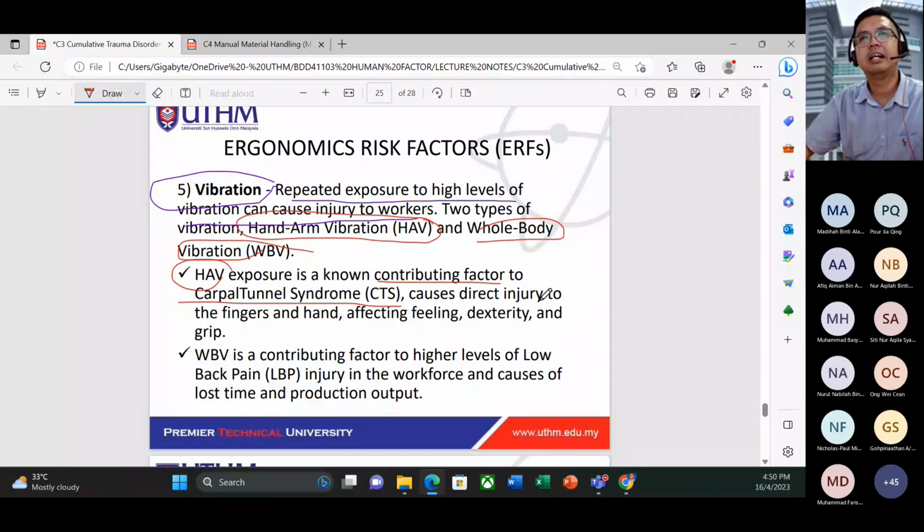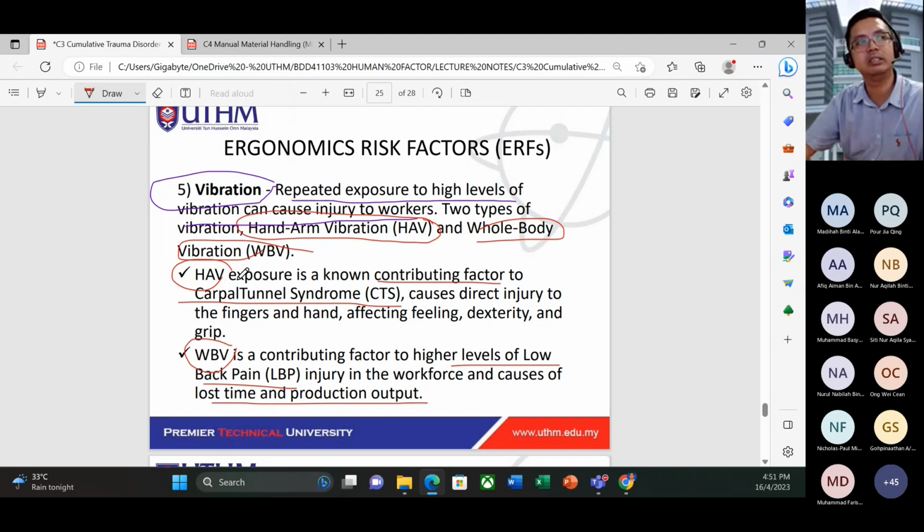It causes direct injury to the fingers and hand, and also affects feeling, dexterity, and gripping. Meanwhile, whole body vibration is a contributing factor to a higher level of lower back pain in the workforce, and causes lost time and reduced production output. So this is HAV, hand arm vibration.